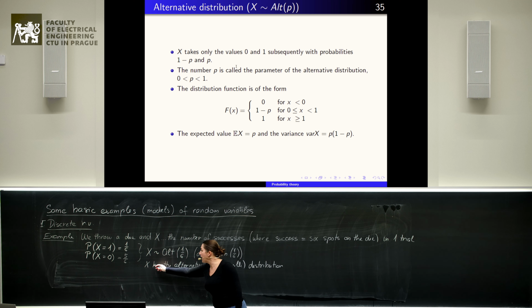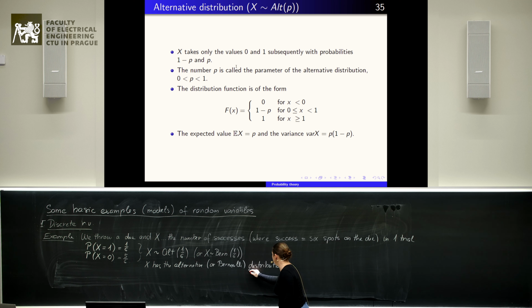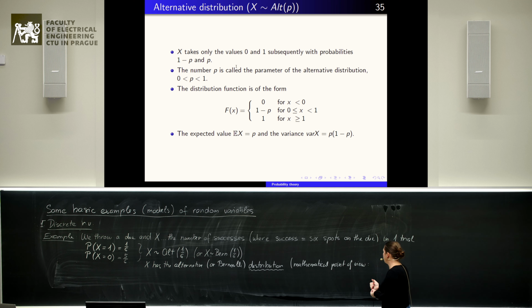What does it mean that X has the distribution? The distribution, from a mathematical point of view, is a probability measure, which is some function with some special properties and so on.